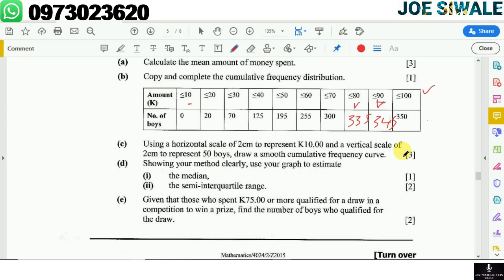So let's just draw that. To draw that, I'm just going to draw not an accurate diagram, but just an estimation. I'm not going to use a graph. This will just be an estimation.